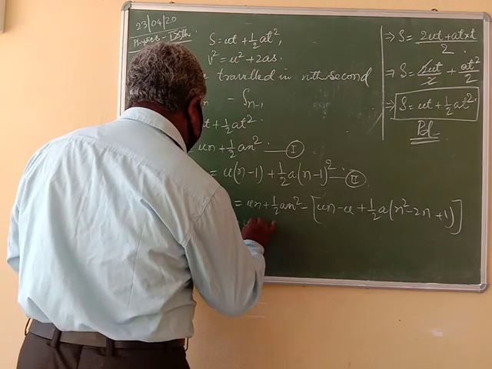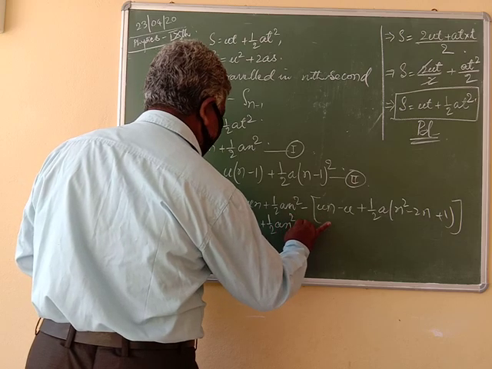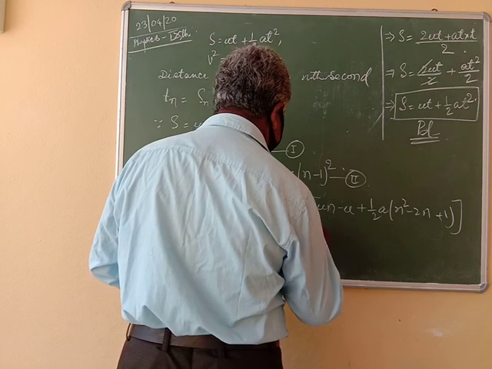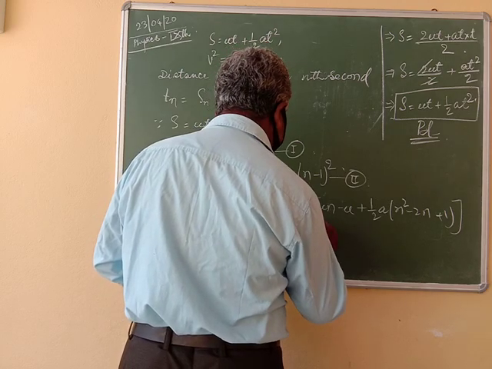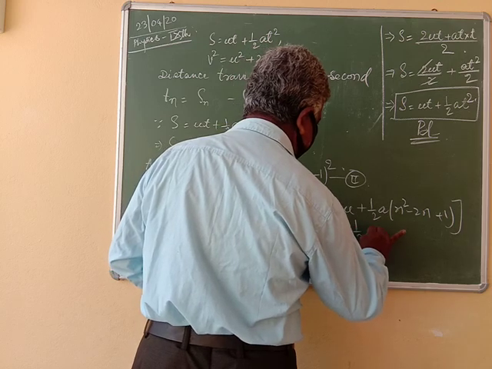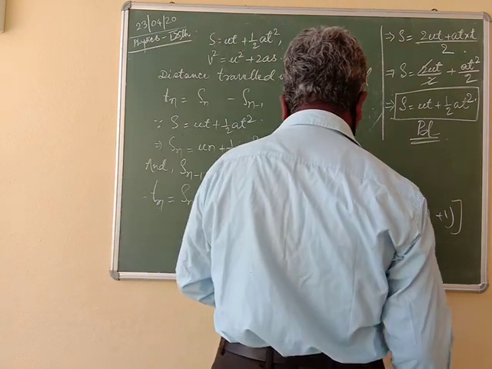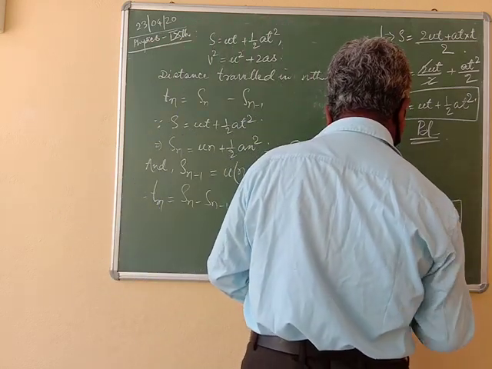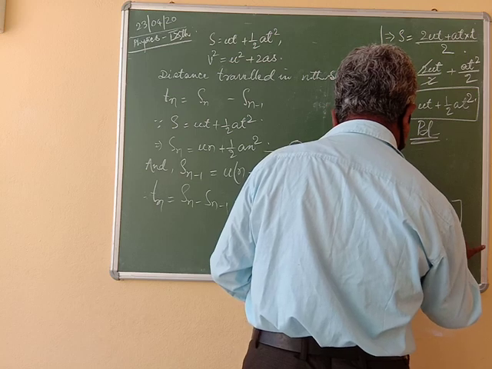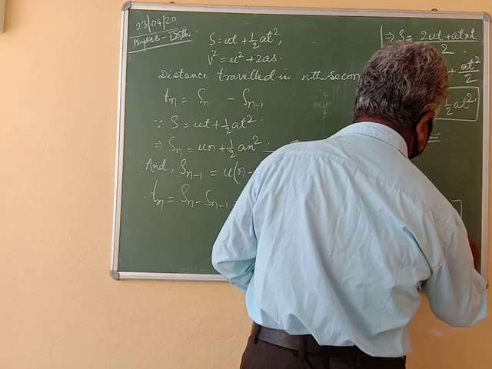This one is equal to un plus half a n square minus un plus u minus half a n square plus half a into 2n minus half a.